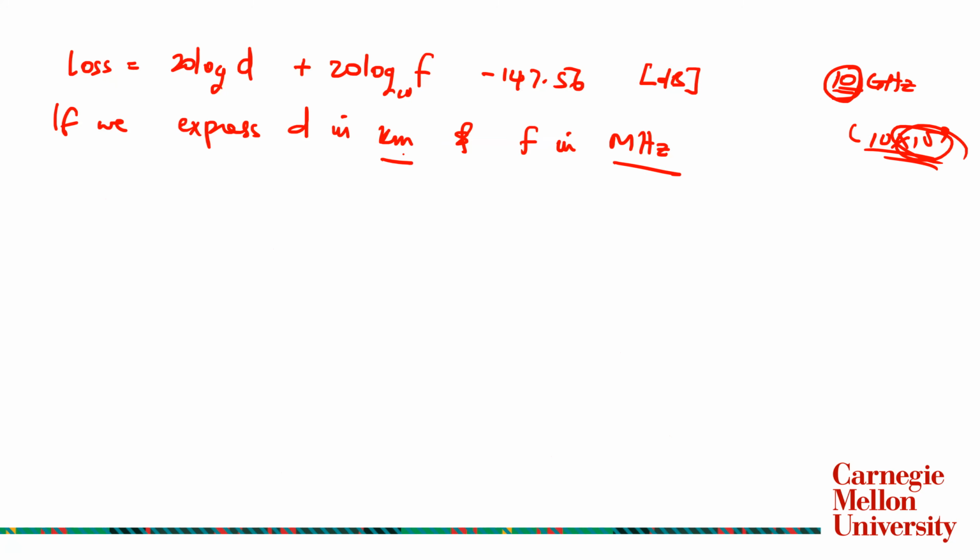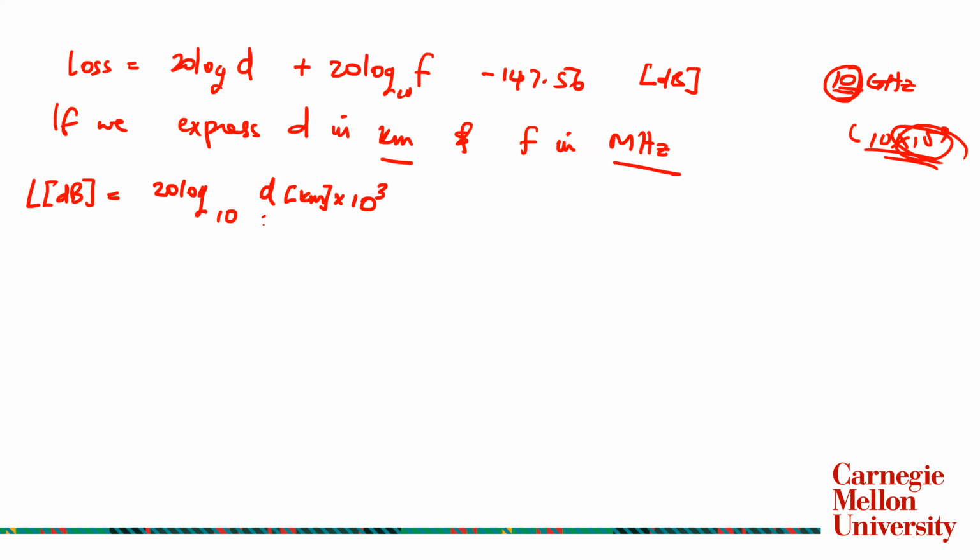But what if we wanted to express D in kilometers? The loss in dB would now be 20 log 10 of D in kilometers times 10 to the power 3.